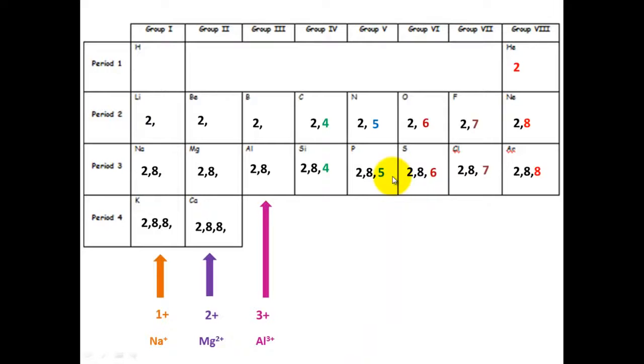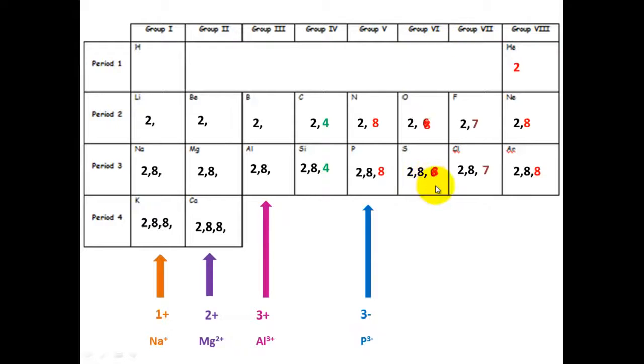Group 5 are going to gain 3 electrons to get 8 in their outside shell. So they'll become a 3 negative charge because they've gained 3 electrons. And phosphorus, an example of that, it becomes phosphide. We change the ending to IDE when non-metals have gained electrons and become ions.